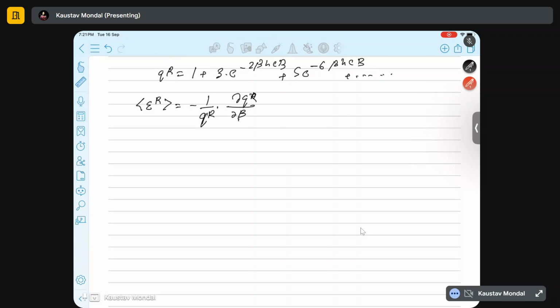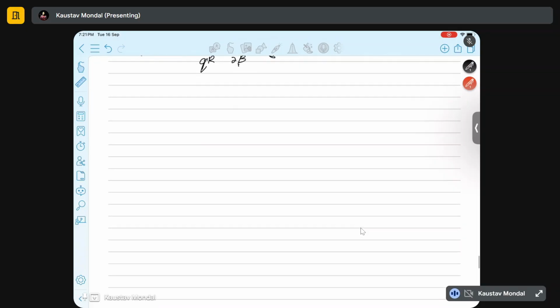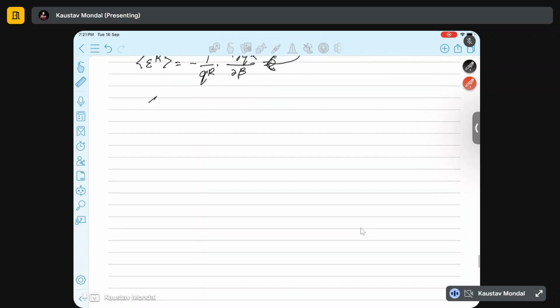If you substitute the q_R expression and do the derivative, in the denominator we have 1 plus 3 e to the power minus 2 beta h c B plus 5 e to the power minus 6 beta h c B and so on.